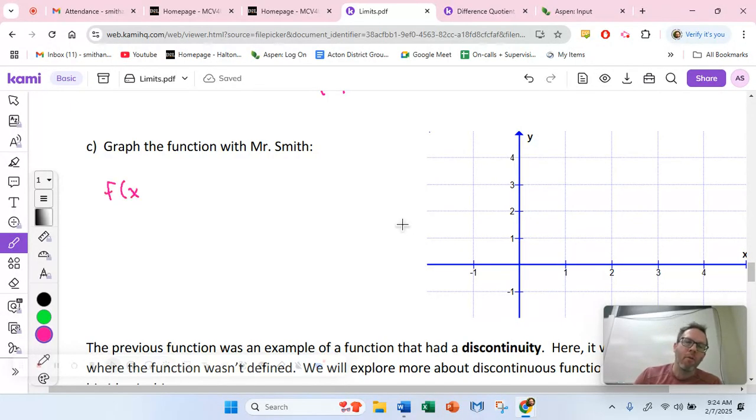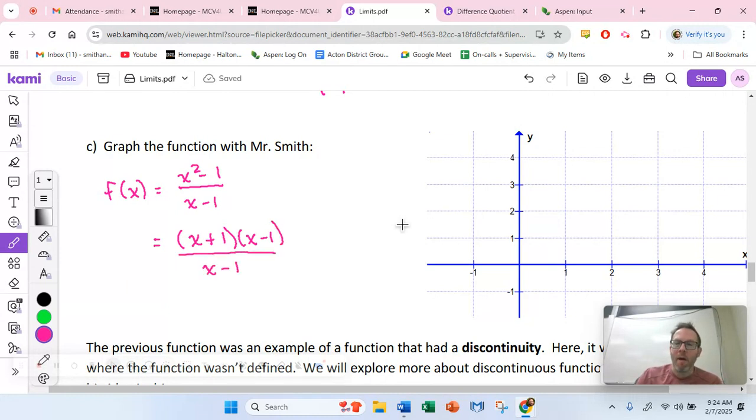What you guys would have done with Miss Houston is you'd be in the habit of trying to factor everything as much as you can. And you guys would see the top is the difference of squares, x plus 1, x minus 1. And that the x minus 1s divide out. And you're left with this function, which is actually equivalent to just the linear function x plus 1, except at one specific value, x equals 1, because then you get 0 over 0.